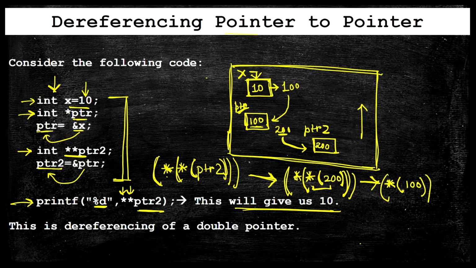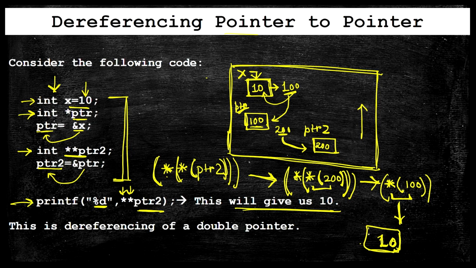Very good. Now we have the last thing, that is star 100. What will star 100 give? Asterisk 100 will dereference the 100 address. That means it will print the value stored in the 100 address. What is the value at address 100? It will give us 10 as output.